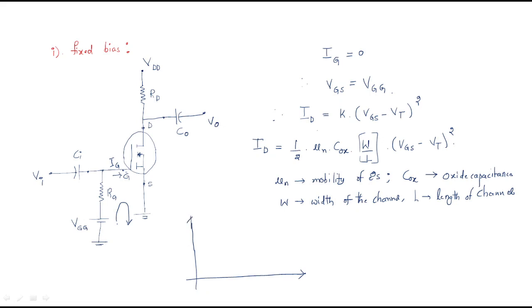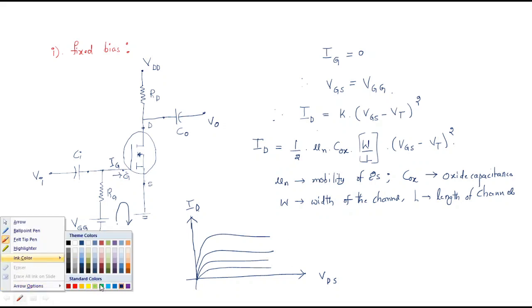If you take the characteristics, this is the drain to source voltage VDS and this is the drain current ID. If you draw this, you will get curves like this, depending on the VGS.